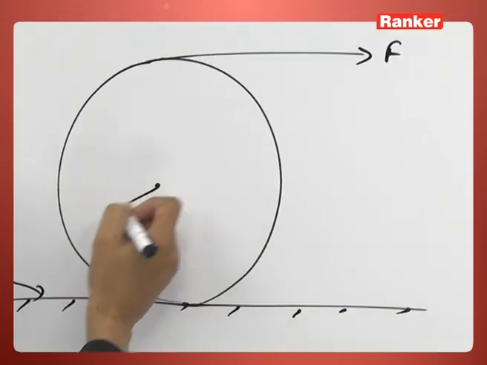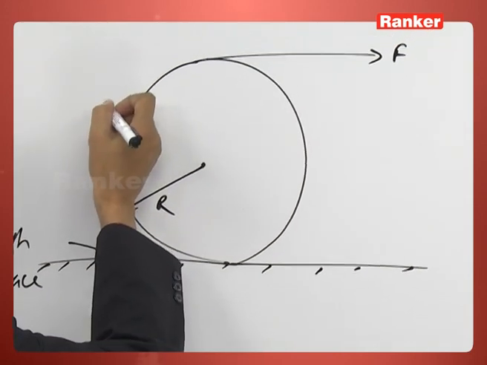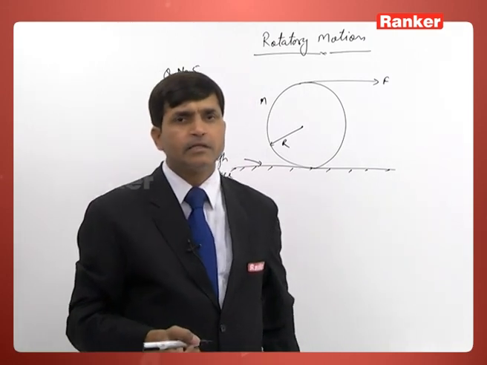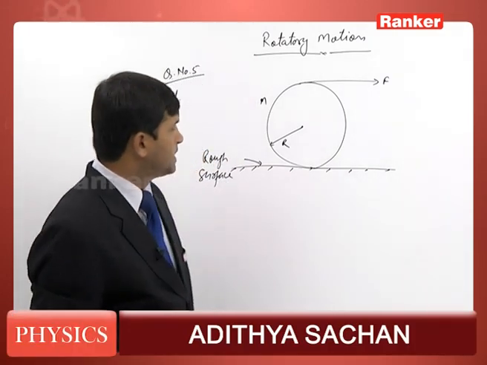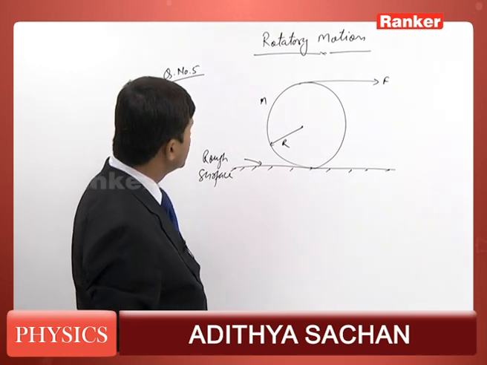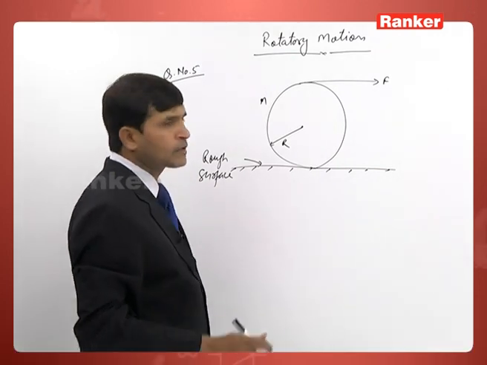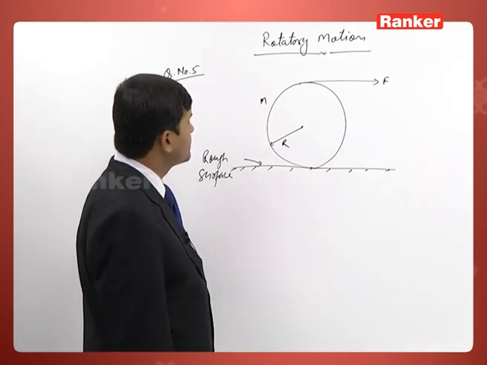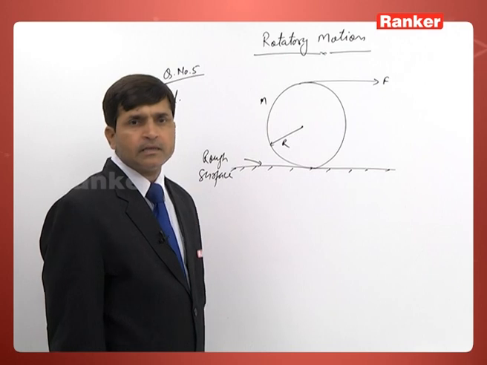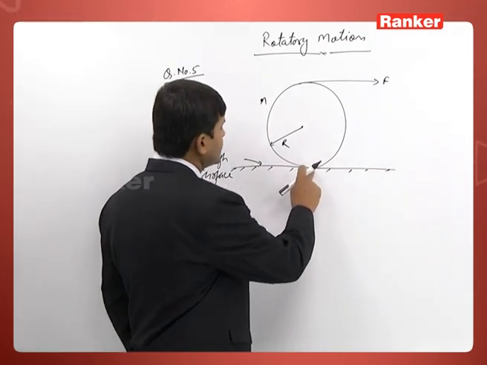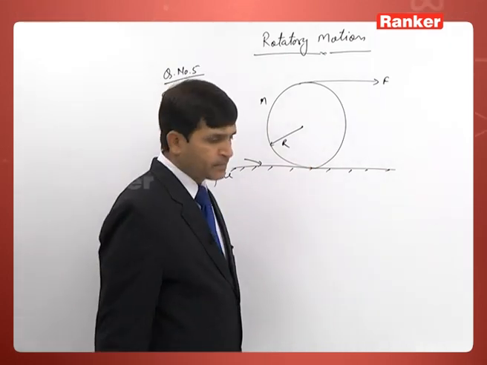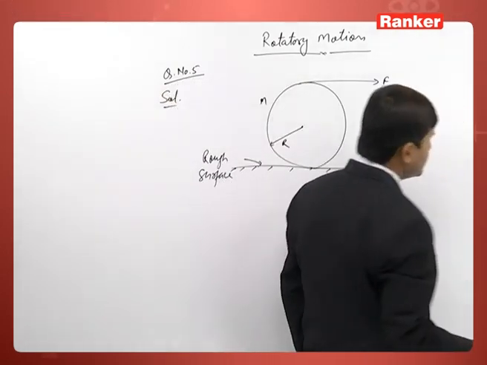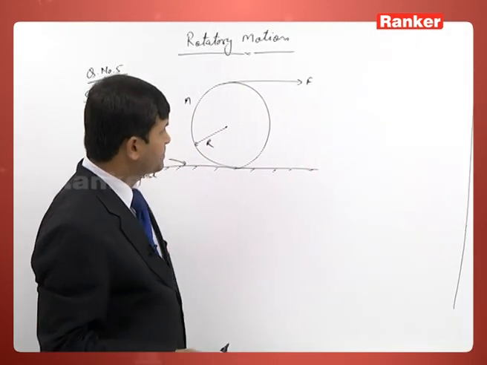So you have to find the acceleration of the center of mass if the sphere starts rolling. See, first, without considering the effect of friction, we will find how much the acceleration is and in which direction at the point of contact. This exercise we are doing only for determining the direction of friction.